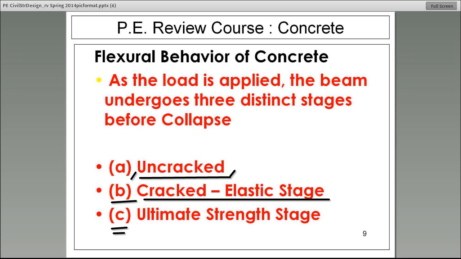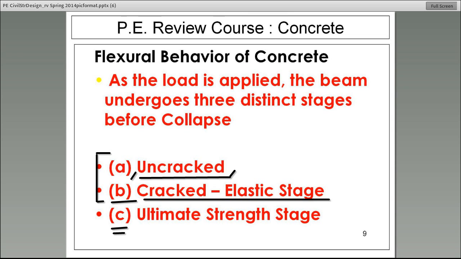Guys, for the purposes of this presentation today and what you need to worry about on the test, especially in the morning, we only need to consider the first 2 stages: the uncracked stage and the cracked elastic stage. Each one is governed by certain equations, and we will go over that.